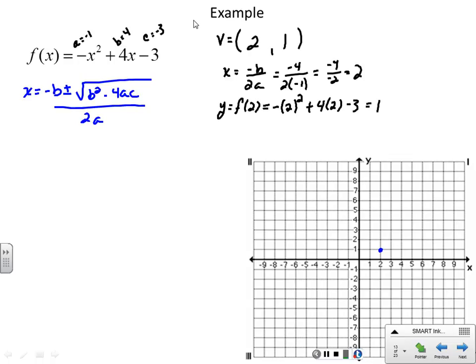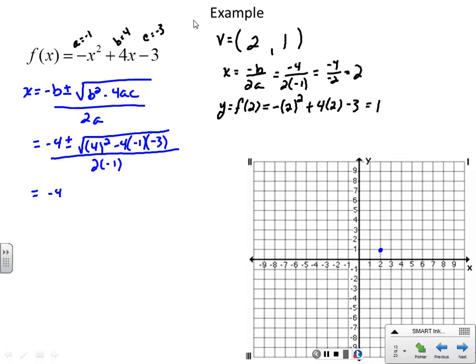So to find those intercepts, the opposite of b is going to be -4 plus or minus the square root of b, which is 4, squared minus 4 times a, which is -1, times c, which is -3, all over 2 times a, which is -1.